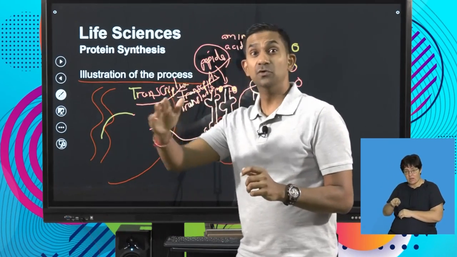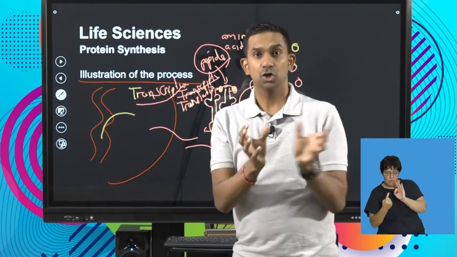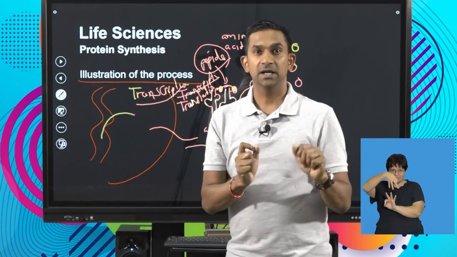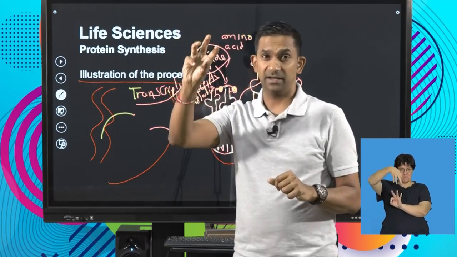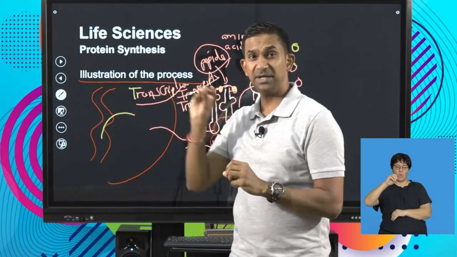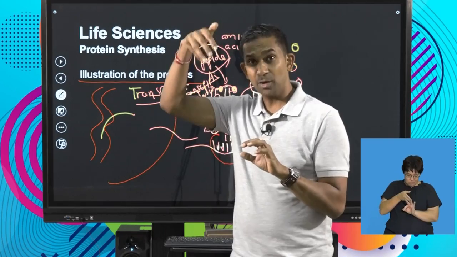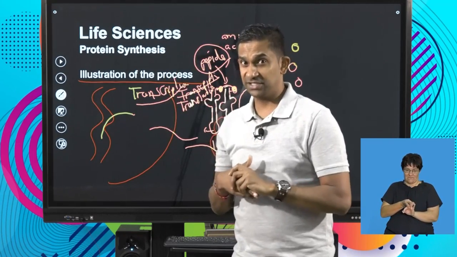The mRNA then moves to a ribosome, where the ribosome reads each codon and then instructs the tRNA, which are floating in the cytoplasm, to pick up amino acids. And these are done knowing that there is a complementary anticodon on the tRNA.